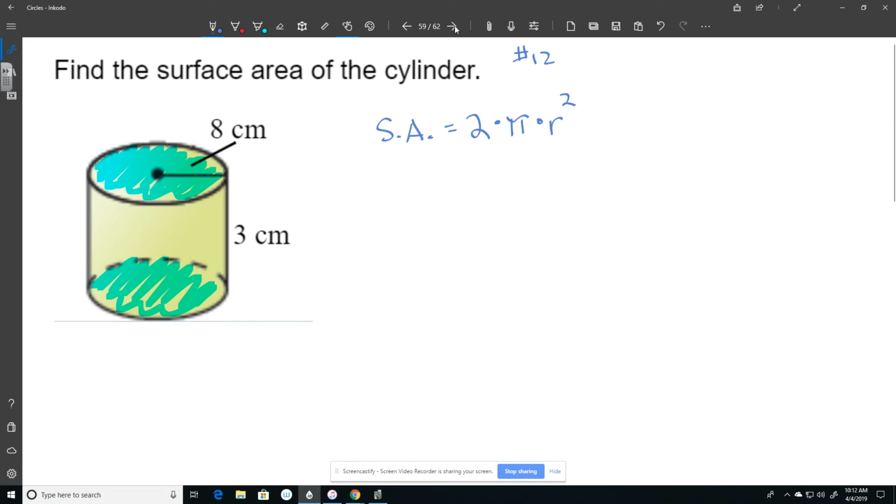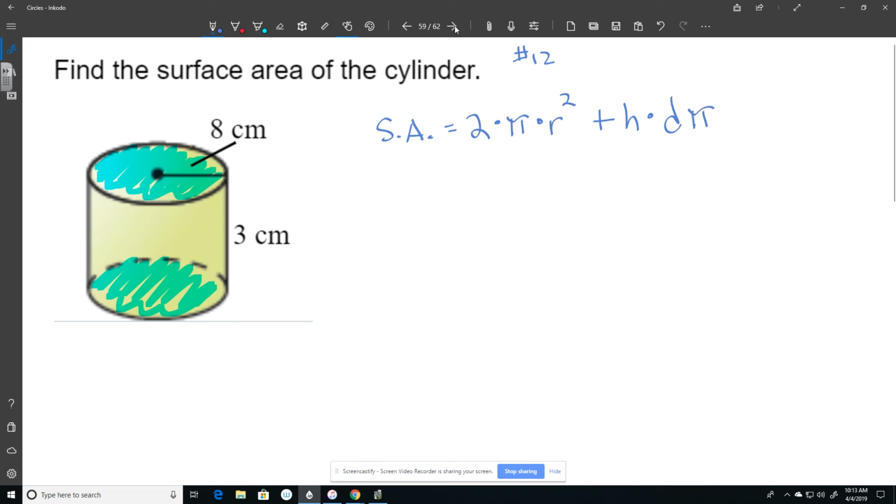So that gives me my two circles. Then I have to add the outside of the can, which is the height of my cylinder times the circumference. That's how far around it goes. And my circumference of a circle is diameter times pi.